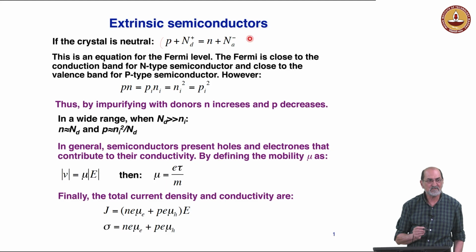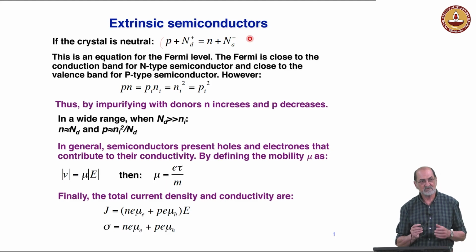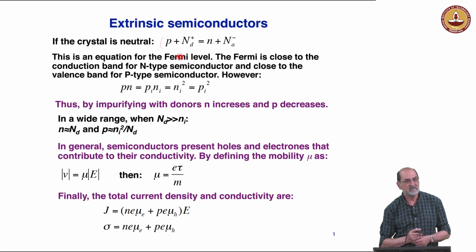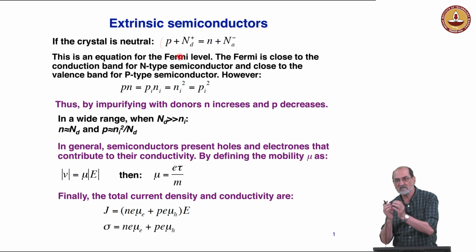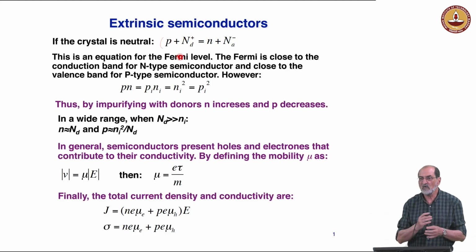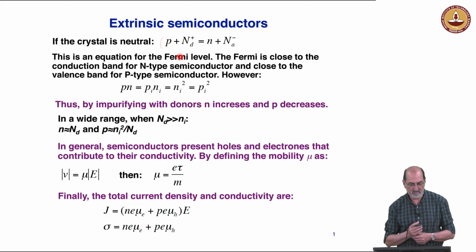The total positive charge we have in this semiconductor comes from two types of positive charges. We can have donors which are ionized, those positive charges which are fixed in the crystal structure, plus the holes which are moving around; they are the positive carriers.